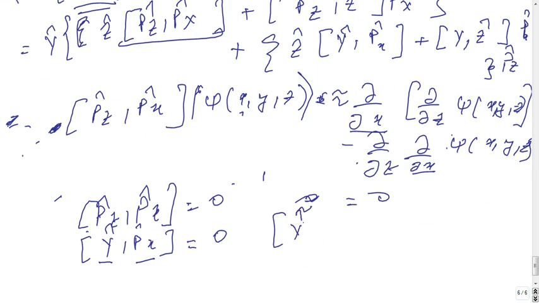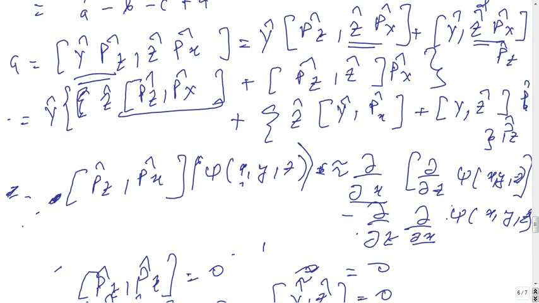This is true. So this thing is 0, this thing is 0, and this thing is 0.